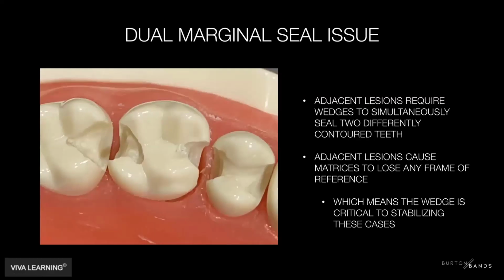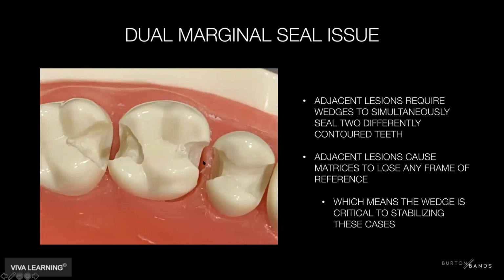So adjacent lesions like this, they require wedges, like I said, to seal two different margins and two differently contoured teeth. And adjacent lesions can cause problems with the matrix bands. As many of us know, when we put our matrix bands in there, they look nice, and then we wedge, and then things start to happen.